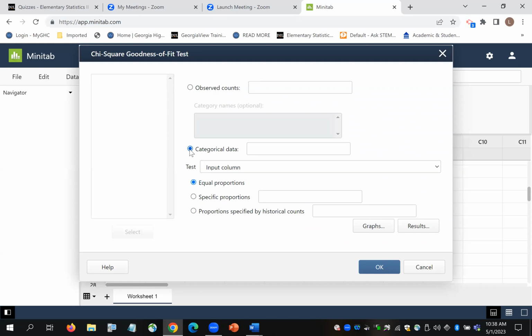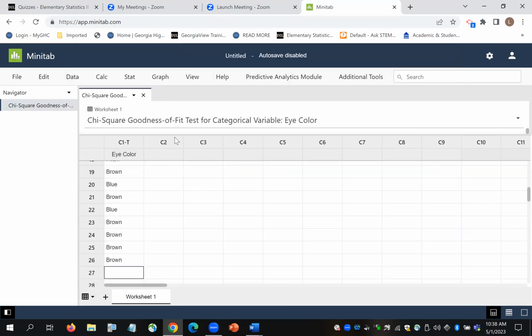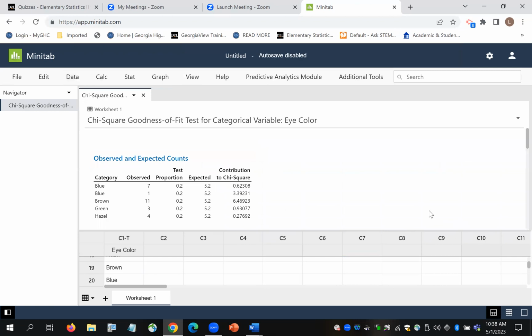You're going to change your option. I don't have the observed counts because it's not summarized. I have the raw categorical data, so I'm going to choose that list. We are using equal proportions. And then I click OK. And it still does the same thing for me.